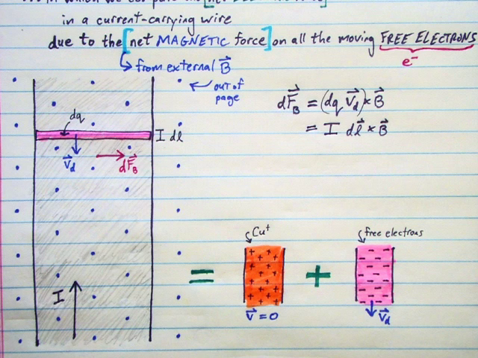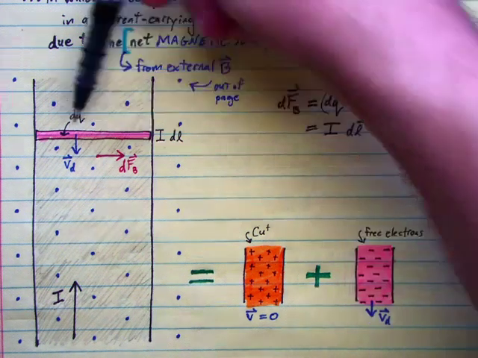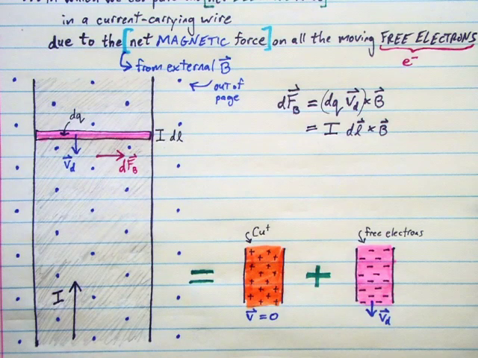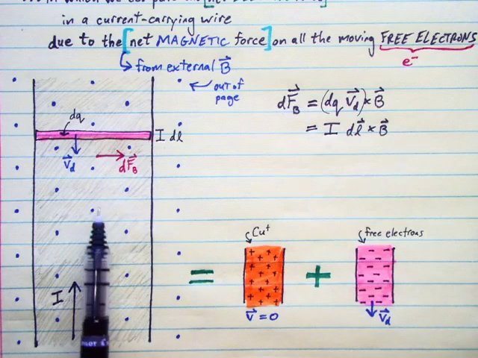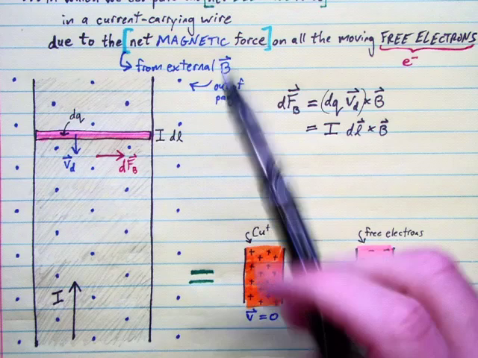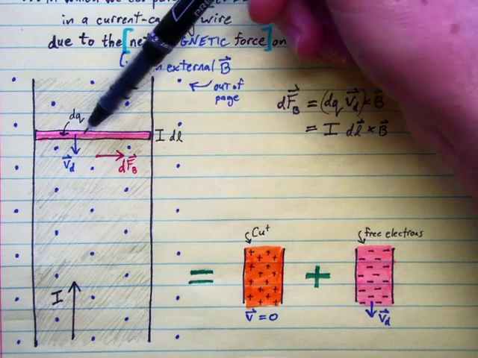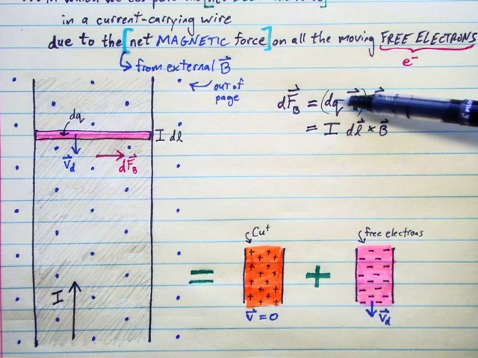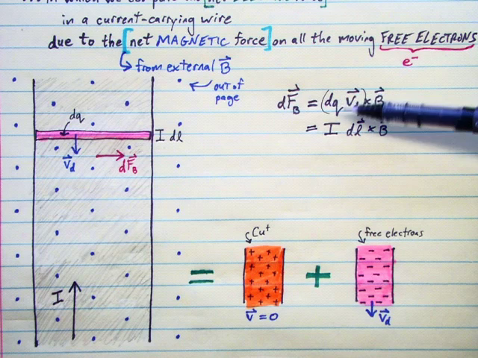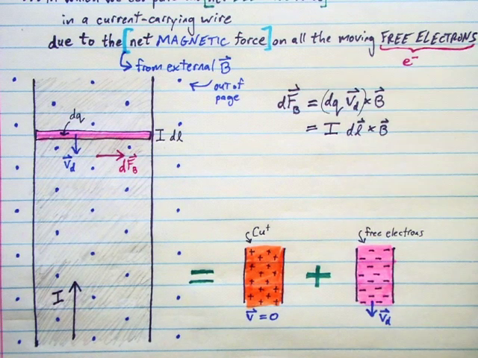Okay, there's a sign change that would have to take place there. If our drift velocity points downward, then our current is pointing upwards. This dl should point in the same direction as our drift velocity, except these dq's are negative. Oh, Ben Franklin, what have you done to us?